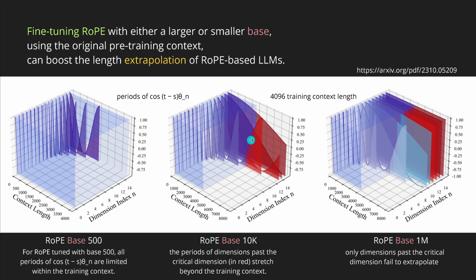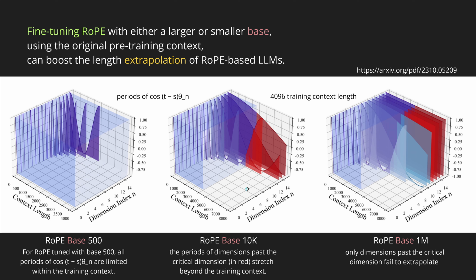And let's have a look at this. We compare this system performance with a RoPE base of 500 and a RoPE base of 1 million. And we ask, what changes in the system? What does it affect here? Now we can say for RoPE tuned with a base 500, all the periods of the cosine theta n are limited within the 4K training context.